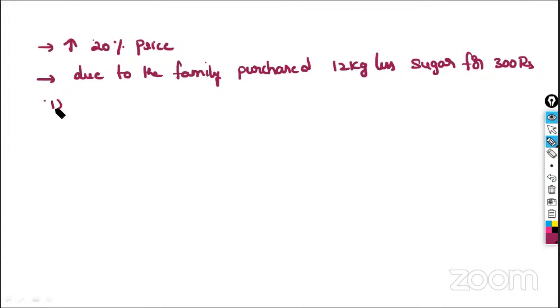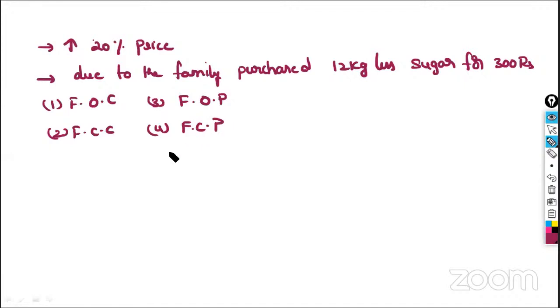Here are the questions. Find the original consumption, find the current consumption, find the original price, find the current price. Okay, so I am writing that shortcut mark. Find the original consumption, current consumption, original price, and current price. Okay, try to answer it, ma.